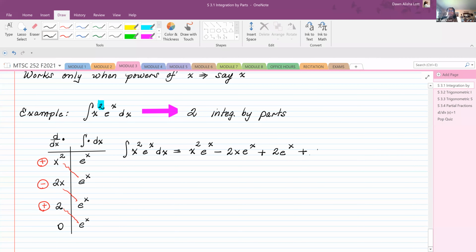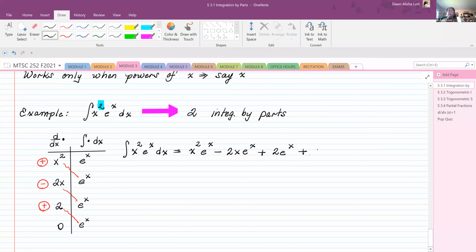Okay. So let's see what we get. So now the integral of e to the x cosine x dx is equal to e to the x sine x minus the integral of e to the x sine x dx.